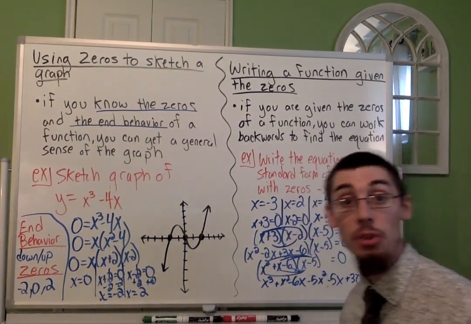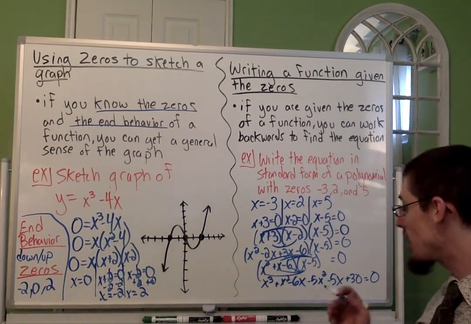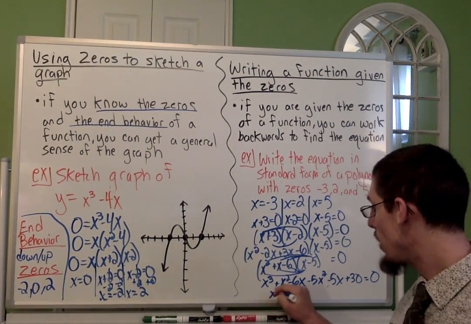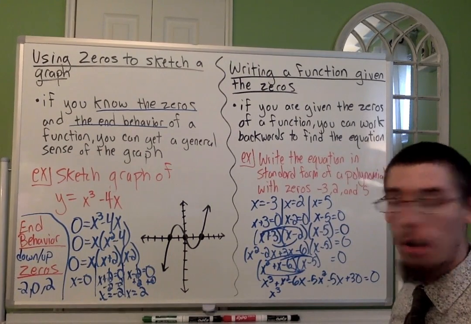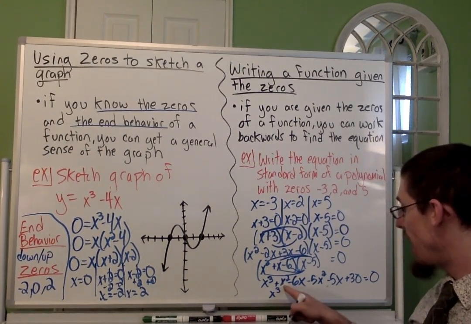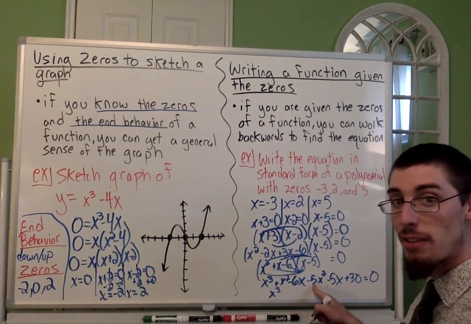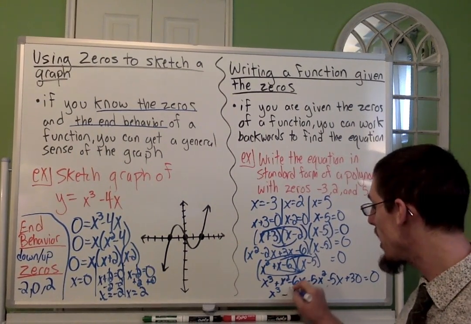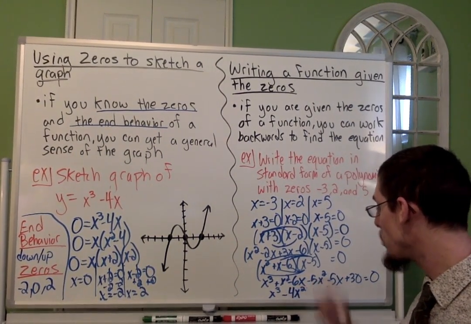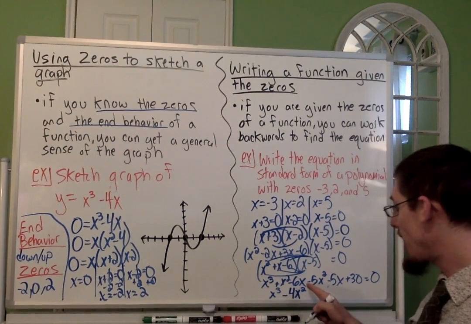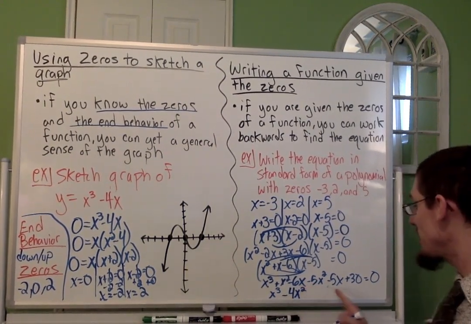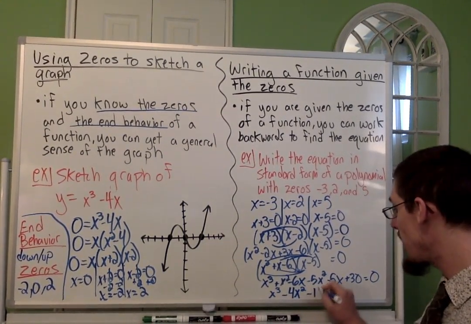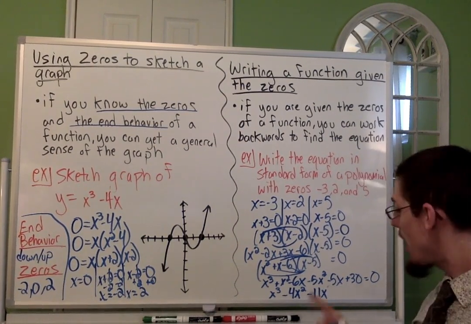Well, now all I need to do is combine any like terms. So x cubed does not combine. I can combine x squared and negative 5x squared to get negative 4x squared. I can combine negative 6 and negative 5 to get negative 11x.